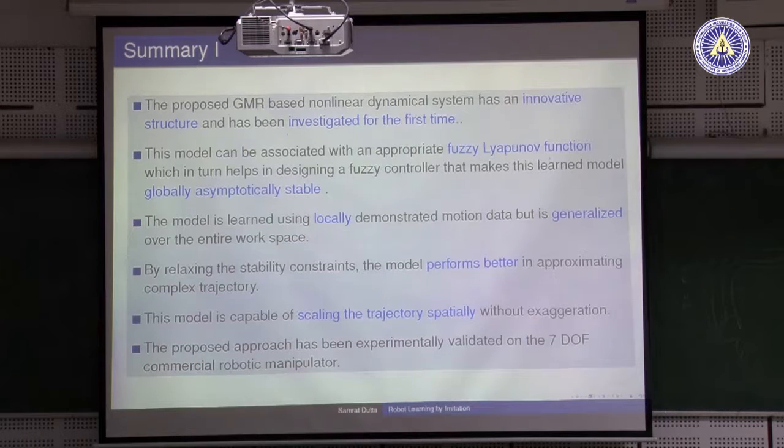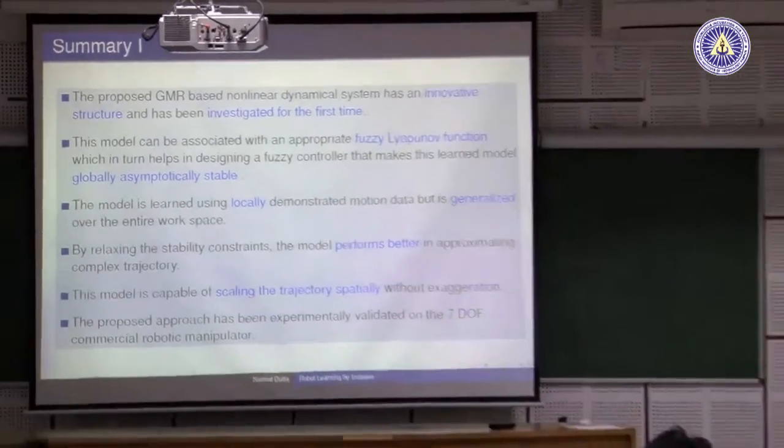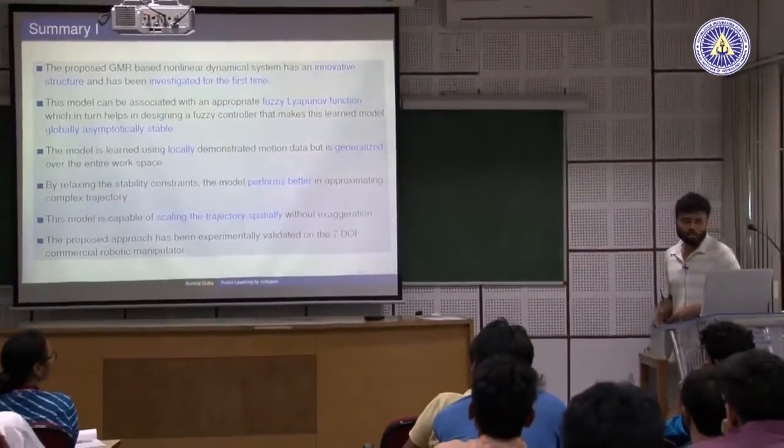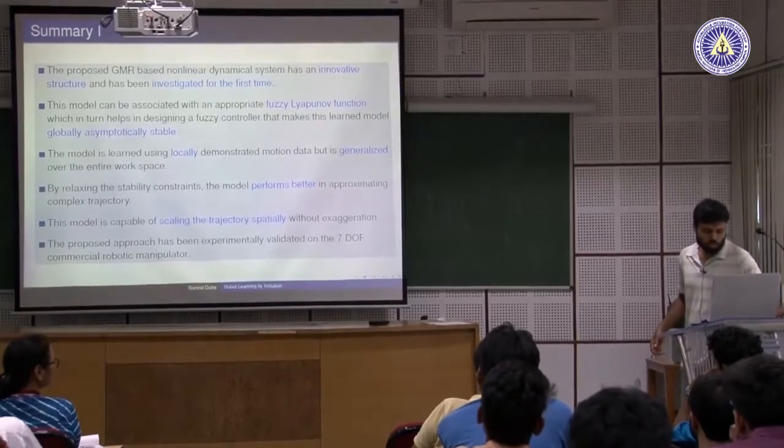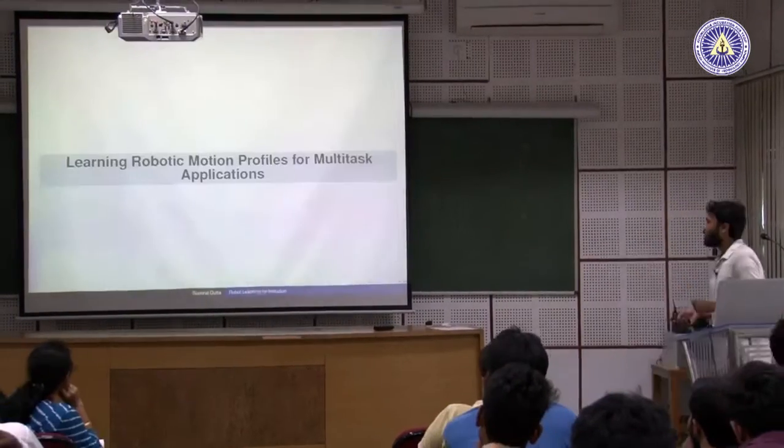We have also seen how spatial scaling is applicable to this kind of model. So, that is about this work. Any doubts or questions on this work, otherwise I will move to the next.